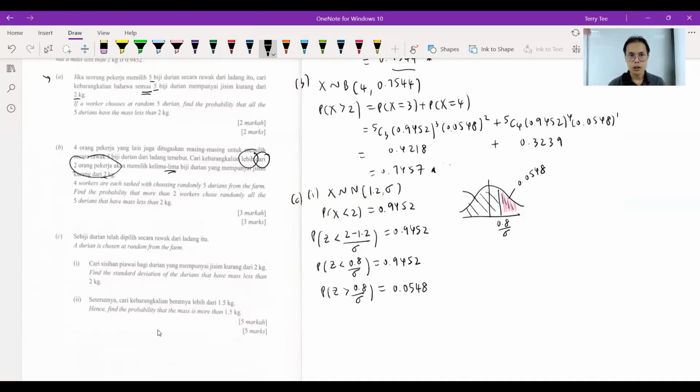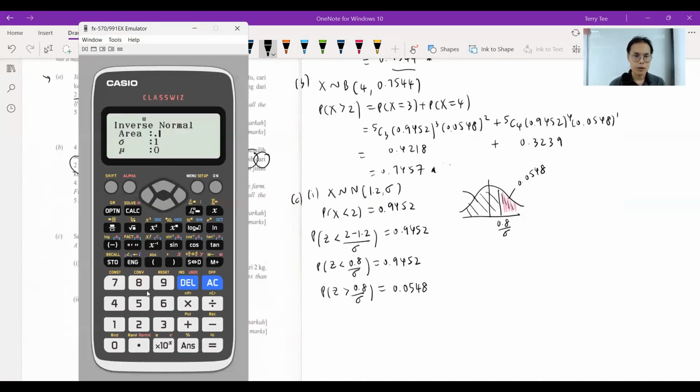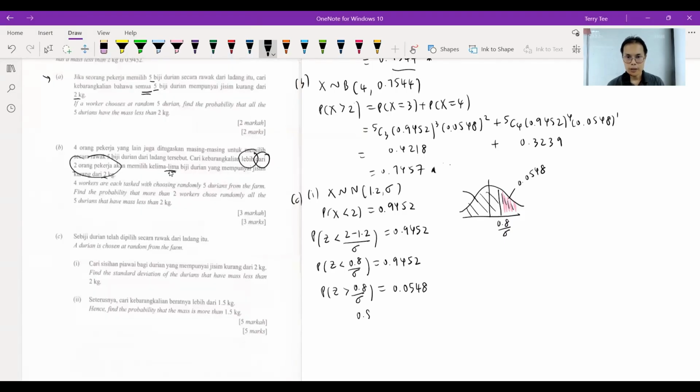So if you key in the area as 0.9452, it will give us a positive value, 1.559, about 1.6. That means your 0.8 over sigma is 1.6. Your sigma is therefore 0.8 divided by 1.6, which is 0.5.